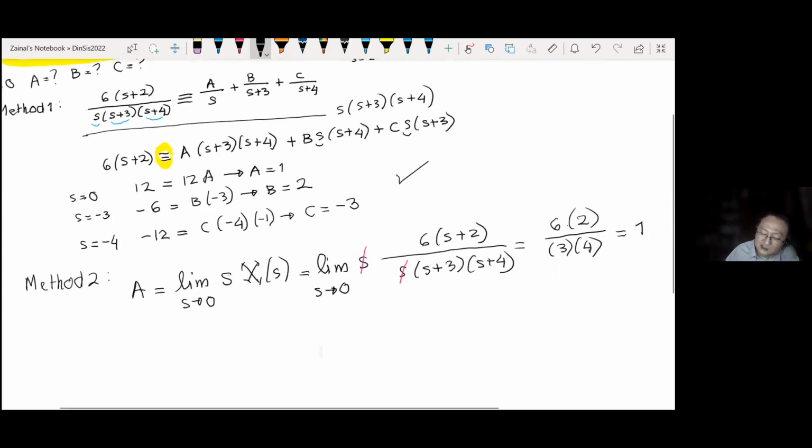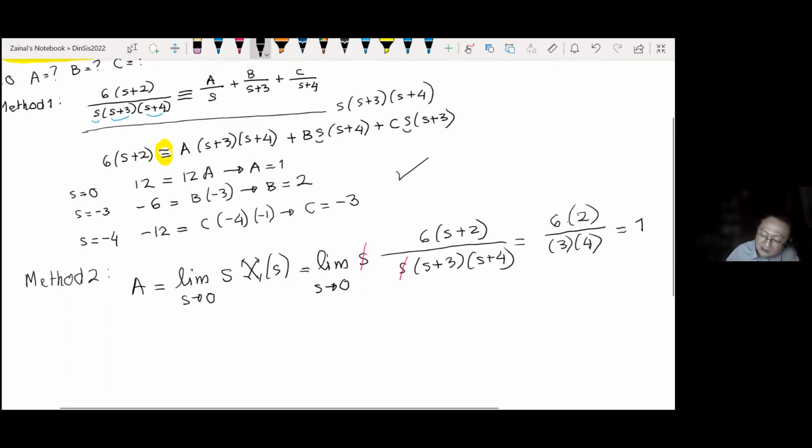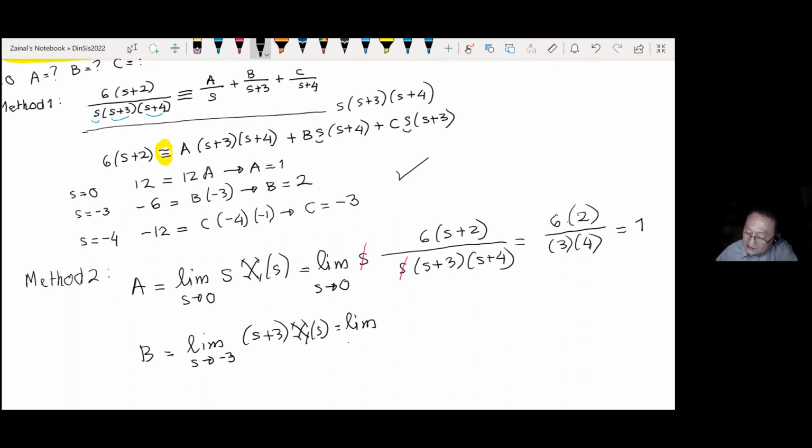What is b? B is the limit s equal to minus 3 of s plus 3 multiplied by Xs. So this is the same as the limit s equal to minus 3 of s plus 3 multiplied by 6 multiplied by s plus 2 divided by s plus 3, s plus 4.